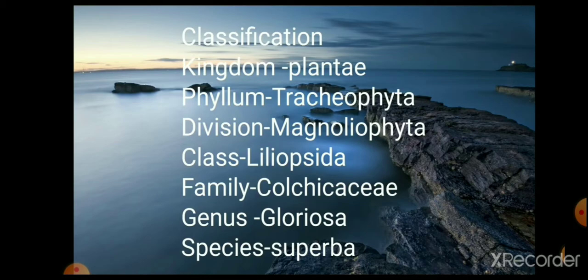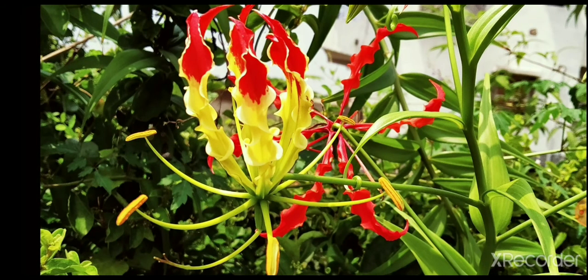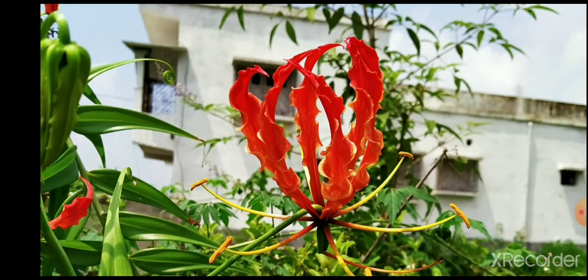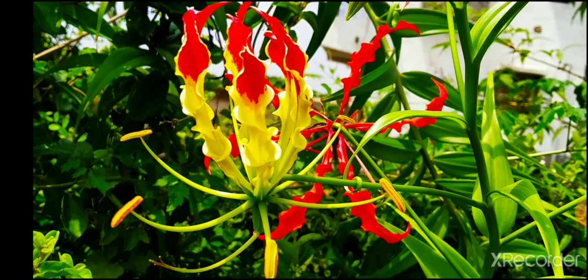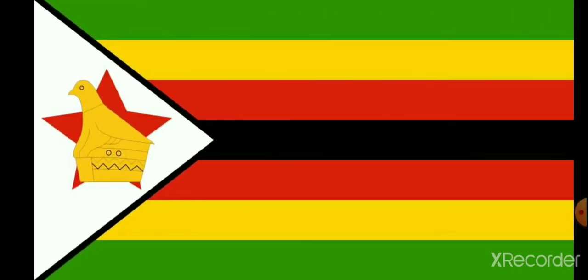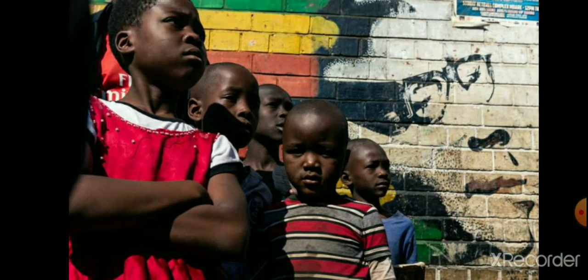This flower is the national flower of the African country Zimbabwe. It is very popular in Zimbabwe, and this flower is a symbol of rebirth, and that is why it is so important.